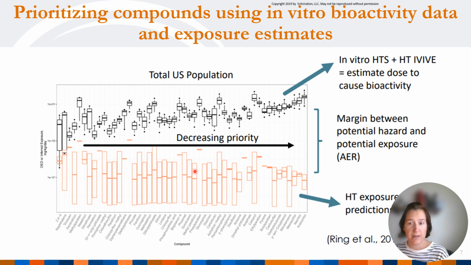And on the bottom, we have high throughput prediction of exposure. And here we can calculate an activity exposure ratio, which is kind of a margin of exposure, and see the decreasing priority of the chemicals. So the larger the margin, the better.